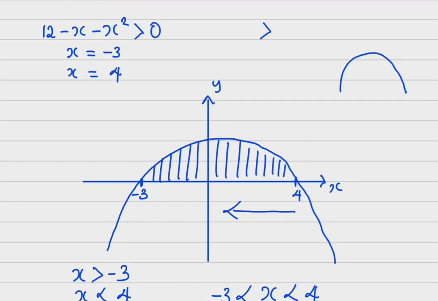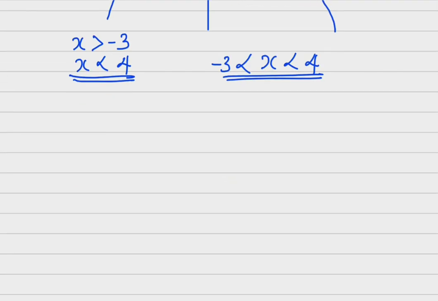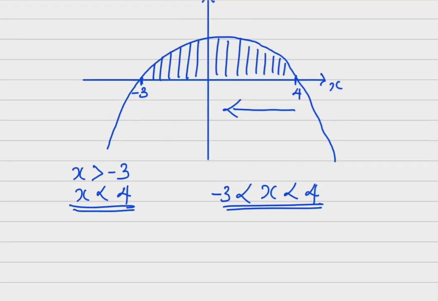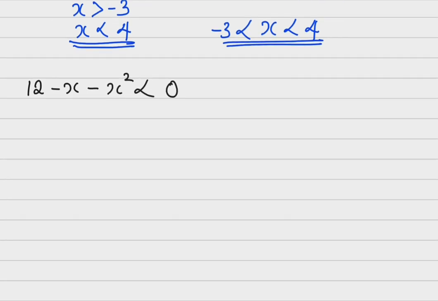So the last scenario is this. It is when we have 12 minus x squared, and this time around is actually less than 0. So the same thing, when you work this out, you get x is equals to 4 and x is equals to minus 3.